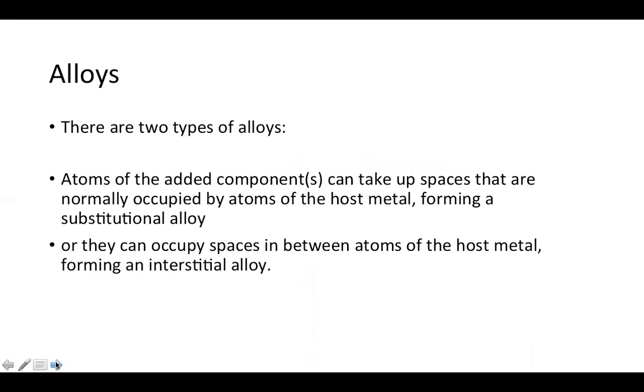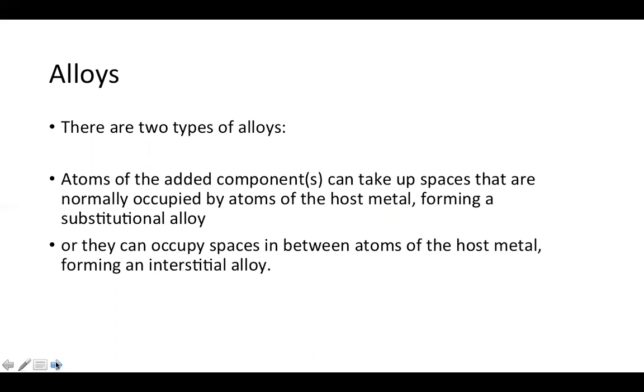All right, so two types of alloys that we're going to look at. One is where the atoms of the added component or components take up spaces that are equivalent or about the same size as the spaces that the host metal would take up. Those are referred to as substitutional alloys.